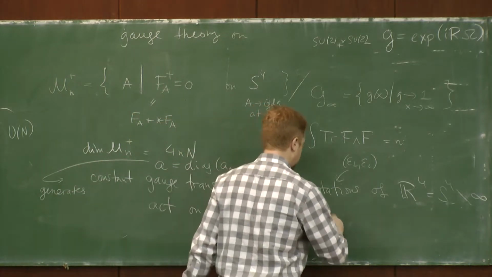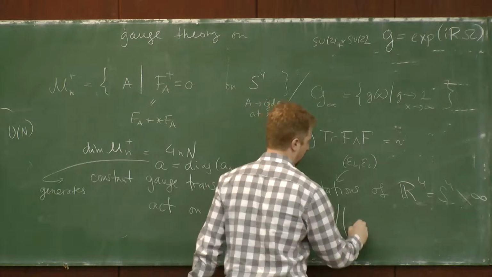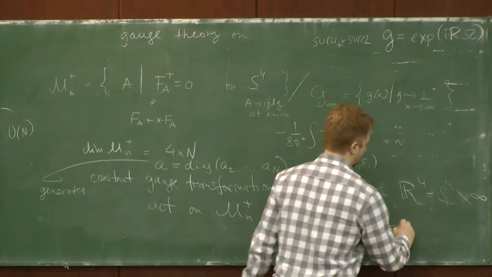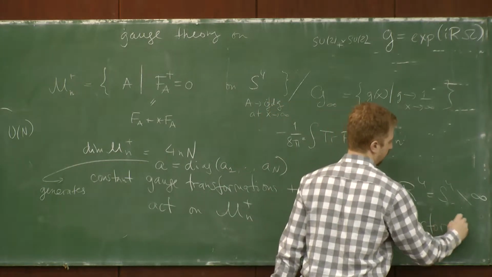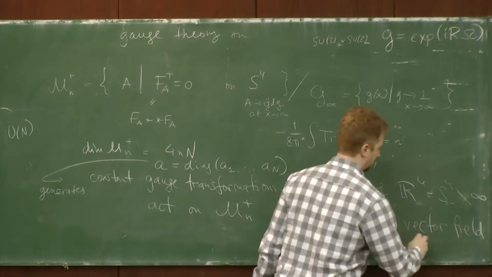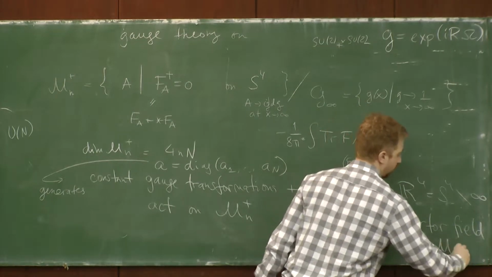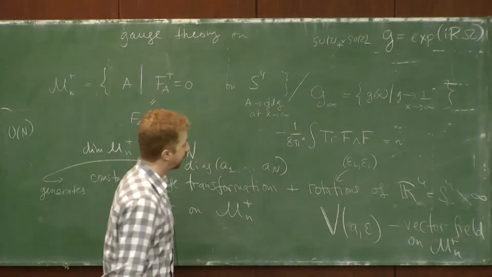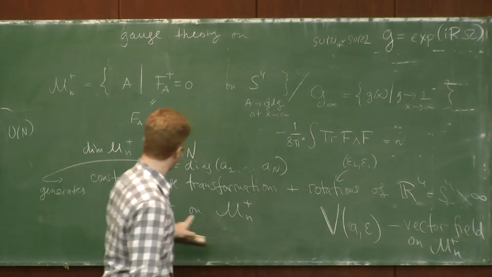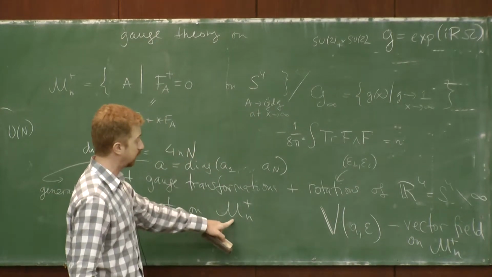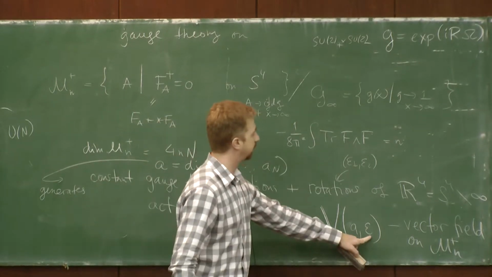So let me denote by V of A and epsilon the vector field on this moduli space, which corresponds to the infinitesimal gauge transformation at infinity and infinitesimal rotation.